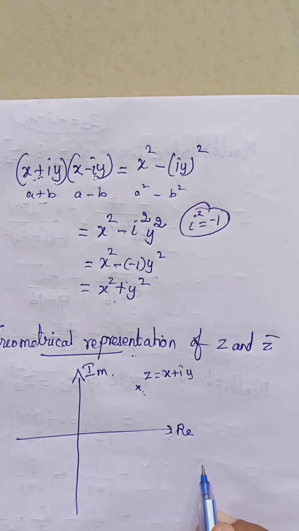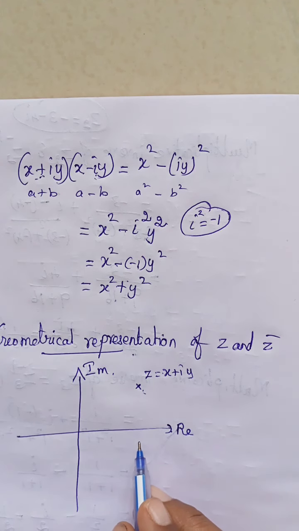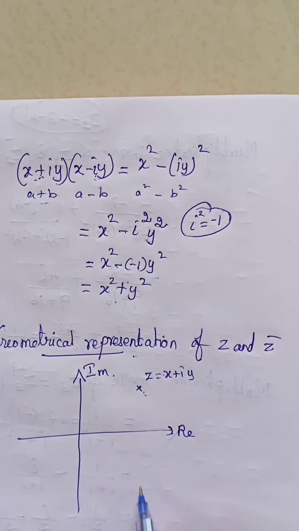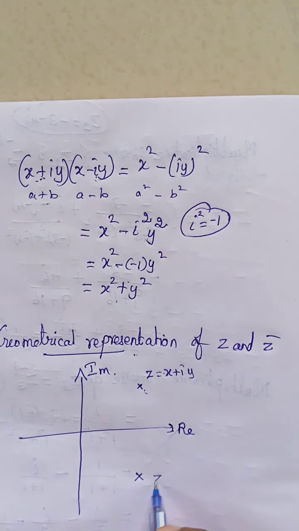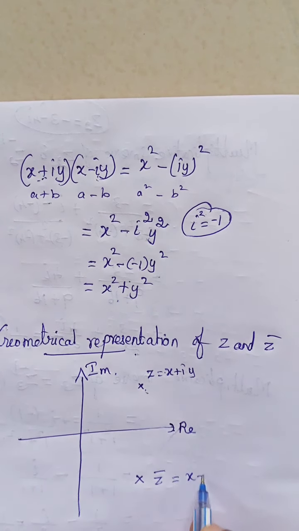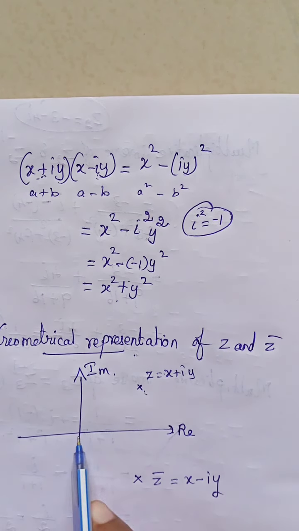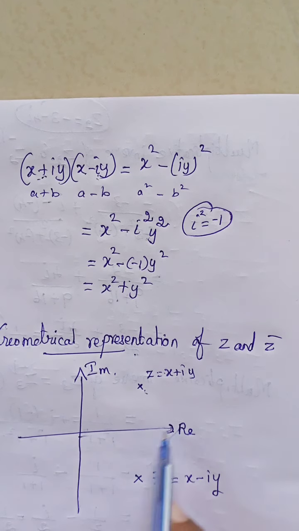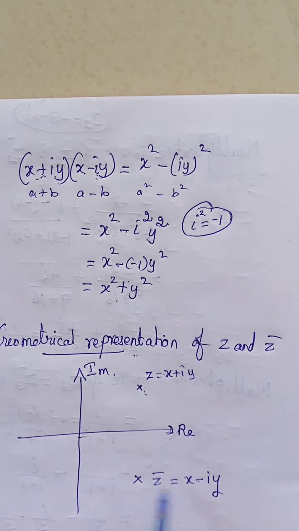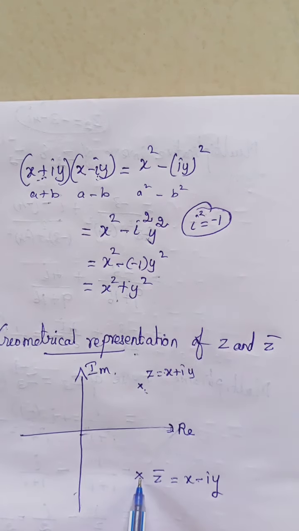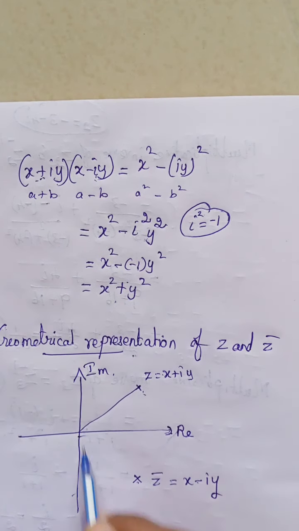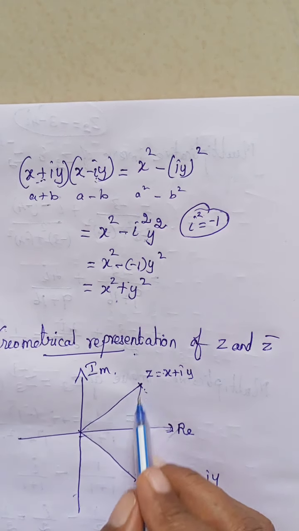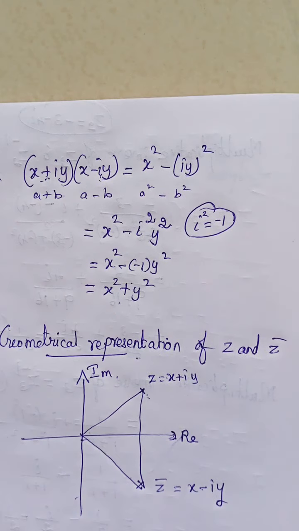Then z bar means x minus iy, isn't it? So x is positive, but y is negative, so we may get it somewhere here. That is, z bar equals x minus iy. X positive means this is the positive line, and y is negative, so I have taken the negative side. Always we get it like this.